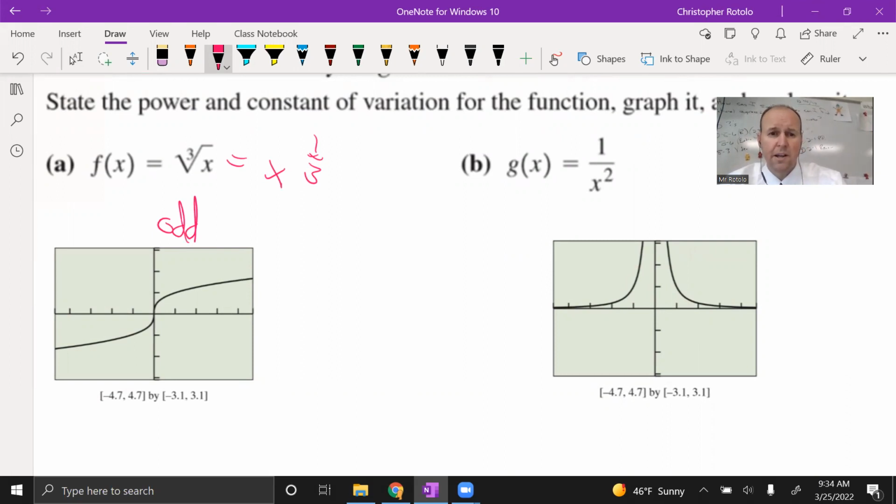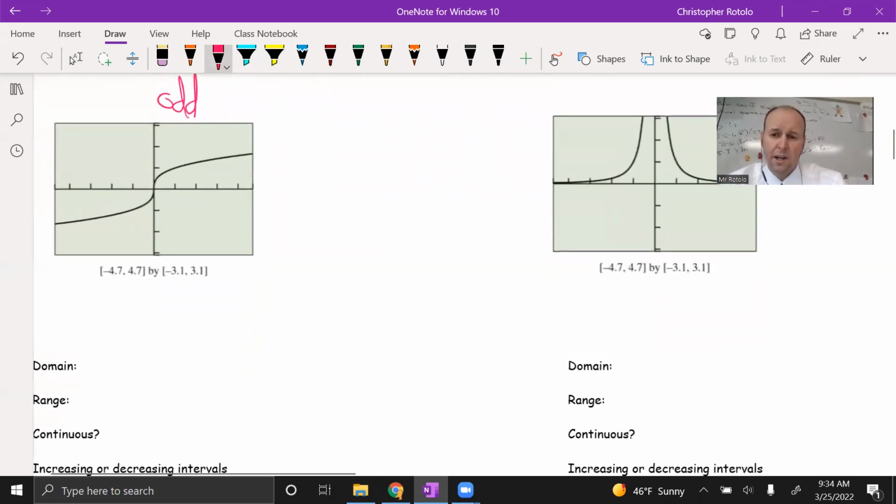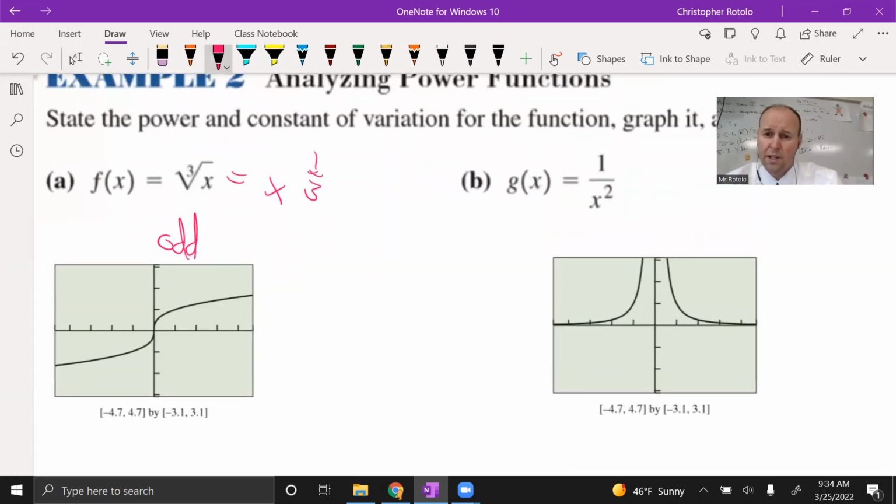It keeps along those lines that we're talking about, kind of that 3, we see that going on. So it looks odd, right? As we look at 1/x², right? This could be x to the -2nd power. So that would also give us the appearance of being even as we fold the paper left to right. Odd was rotational. So a nice comparison of those two side by side.